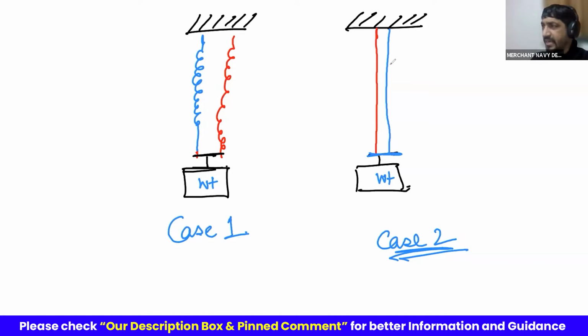Let's say the red wire is shorter, 5.000 meters, and the blue one is 5.001 meters.